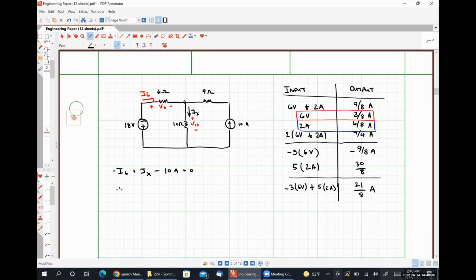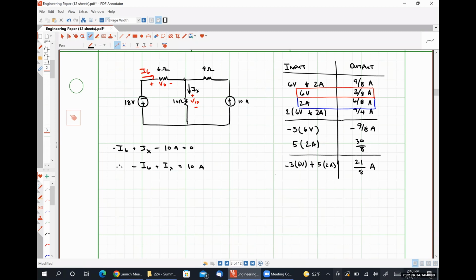Rearranging slightly, this looks like negative I6 plus IX is equal to positive 10 amps.